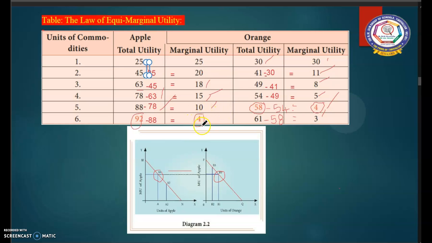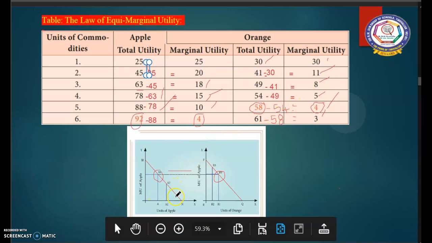So here the marginal utility is 4 and here also the marginal utility is 4. So the marginal utility of apple by price of apple is equal to marginal utility of orange by price of orange, that is equal to 4.